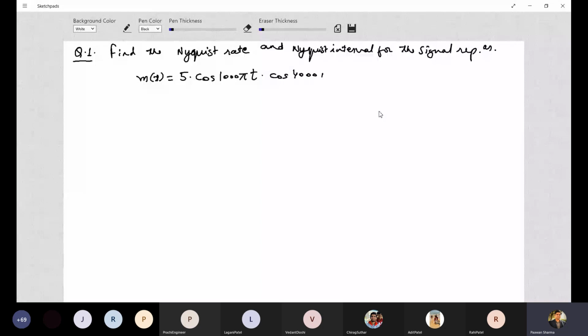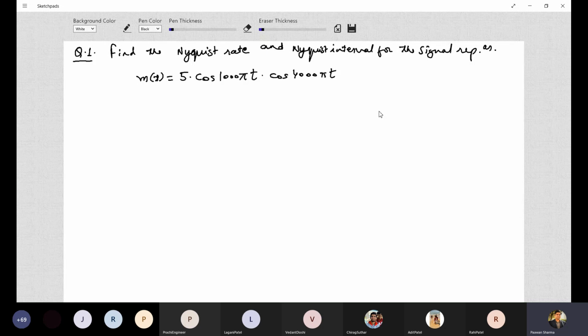Okay, this is the signal given to you, and you are supposed to find out the Nyquist rate and the Nyquist interval. Whenever such a form of signal comes, you have to transform it using trigonometric formulas, cos A cos B, cos A minus B, when you expand like that.